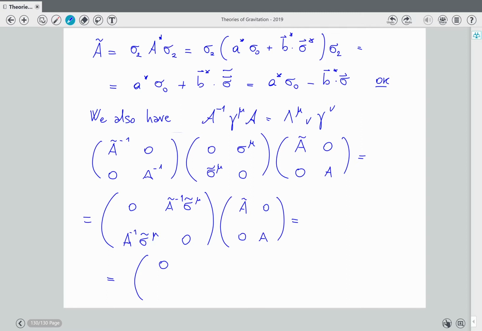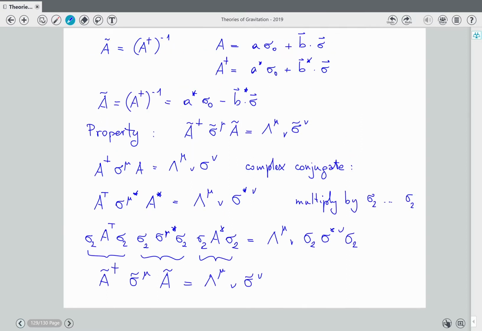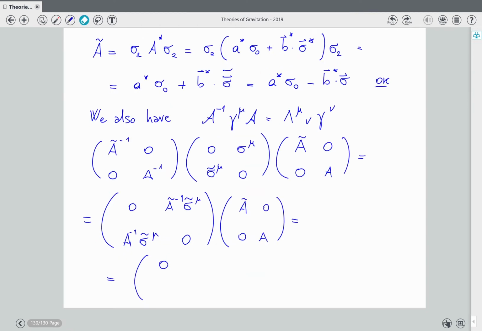Here it is A dagger, and this is A to the minus 1, so this is A dagger tilde.